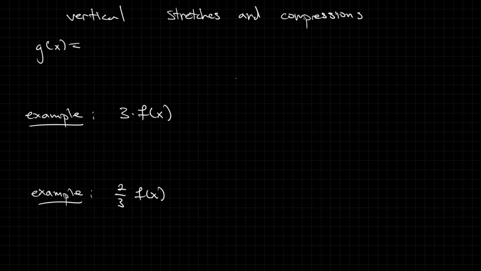Now let's discuss the transformations which result in stretches and compressions. We'll start here with the vertical stretches and compressions. If you have a function of the form a number, we're going to call that constant number lowercase a, times a function, then that's going to result in a stretch or compression.